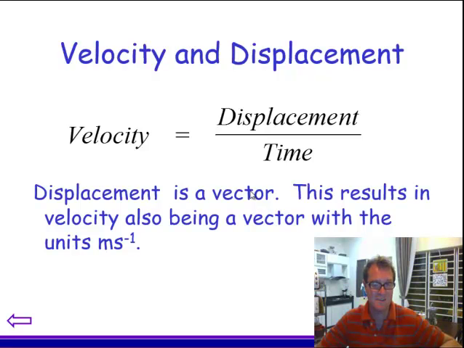Now we'll notice this has the same units as speed. Velocity and speed, if you're travelling in a straight line, can often be interchangeable. You've got to remember that it is a vector, so it must have a direction to fully fulfill its requirement. So velocity and displacement are used to define that.